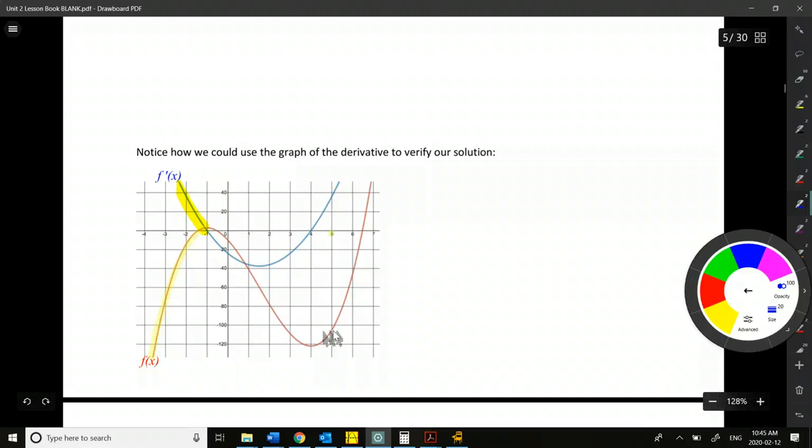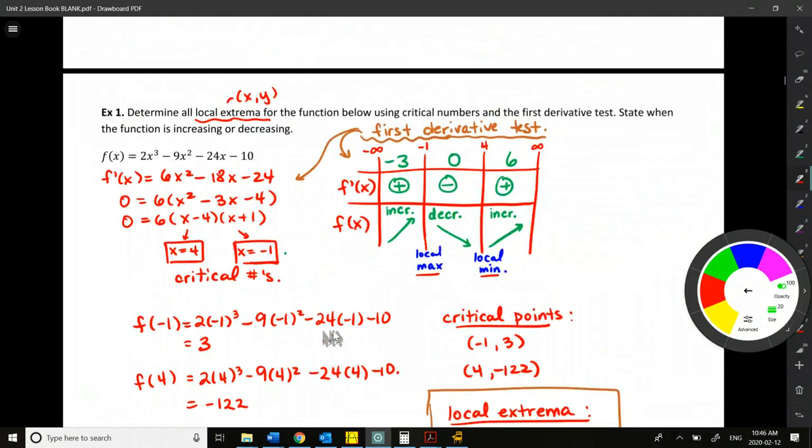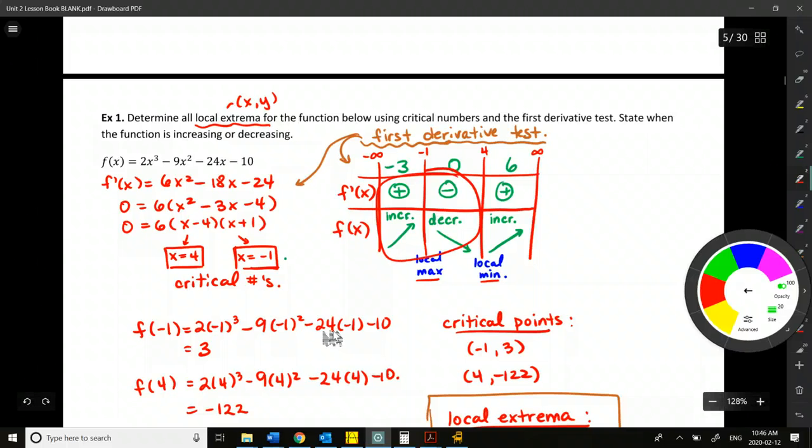Then we have like our little turning point here. That's our local max. Okay, and this is where our derivative is changing from positive to negative. Okay, or in other words, it's where our original function is changing from increasing to decreasing. Okay, that's what this area of the sign chart is telling us.